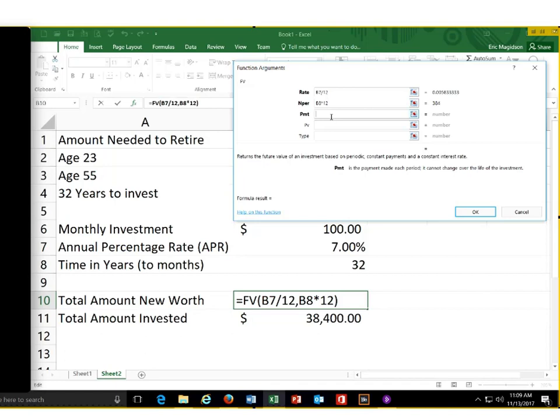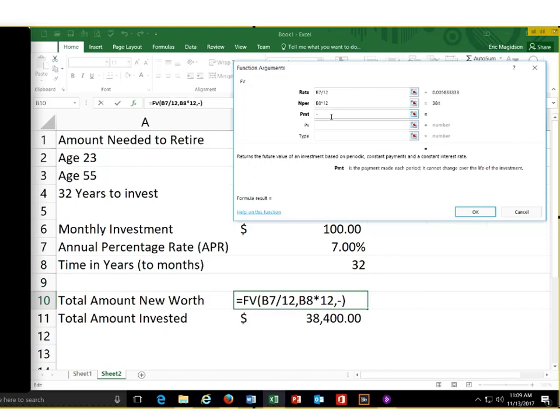I'm taking it out of one, that's called a debit, and putting it into another, which is a credit. So here's what I have to do. It's pretty simple. I'm going to put a negative in there because what I want is a positive result. A negative times a negative is a positive.